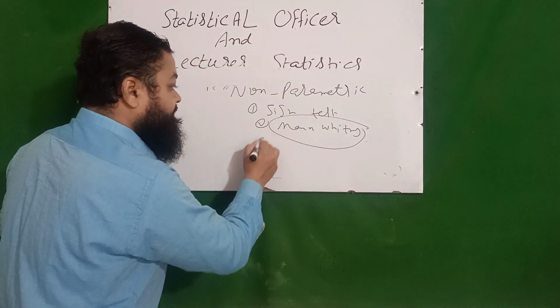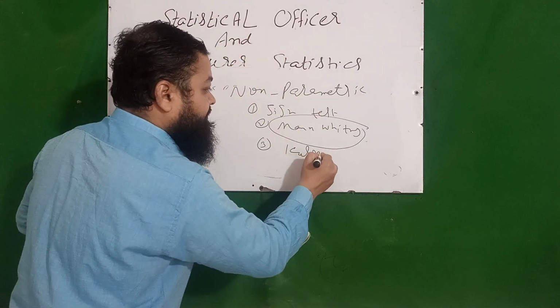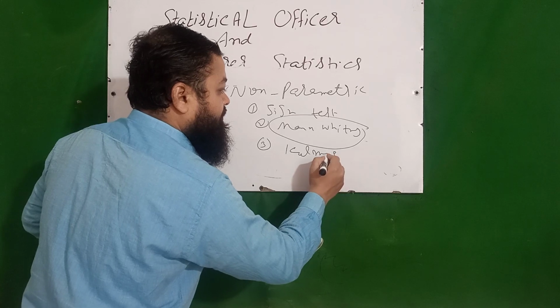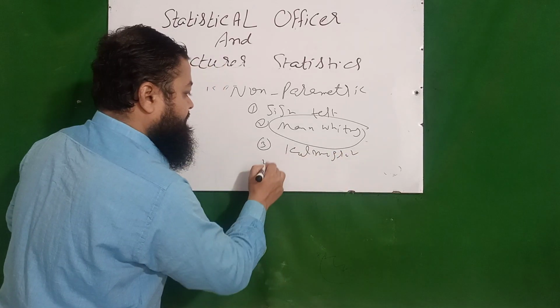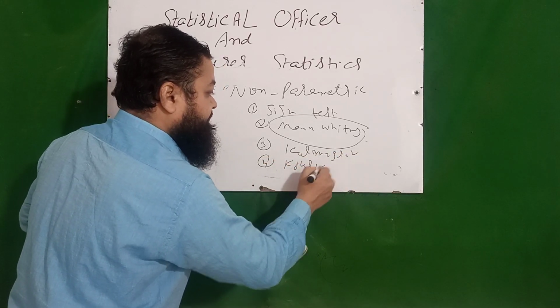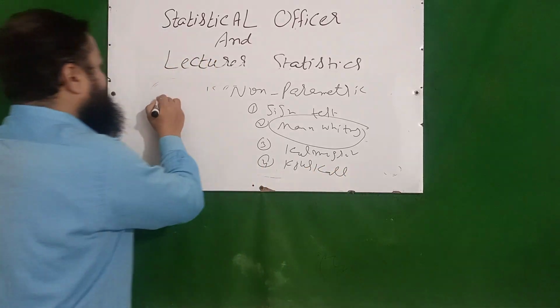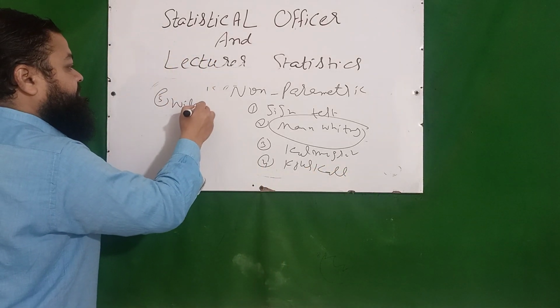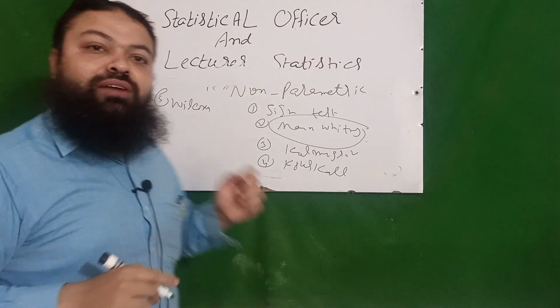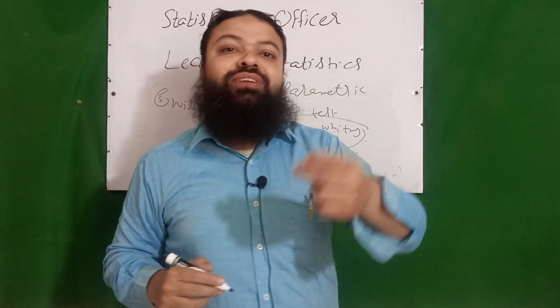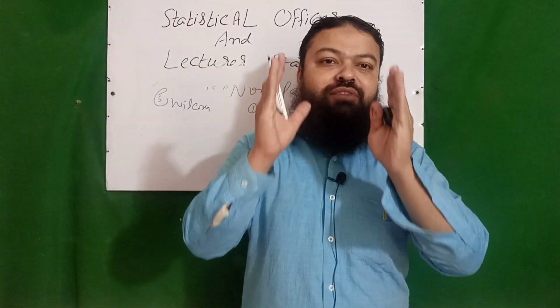Then you will discuss the Kolmogorov test, the Kruskal-Wallis H test, the Wilcoxon signed rank test. All these questions you will have to learn, and then you will discuss multivariate, and in that pattern you will have to prepare.